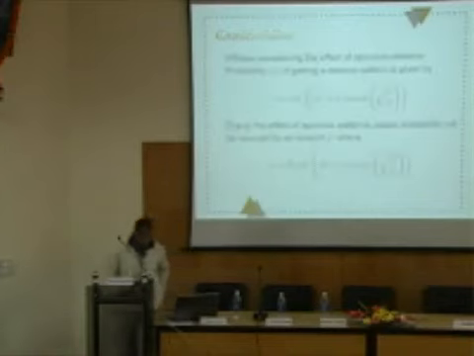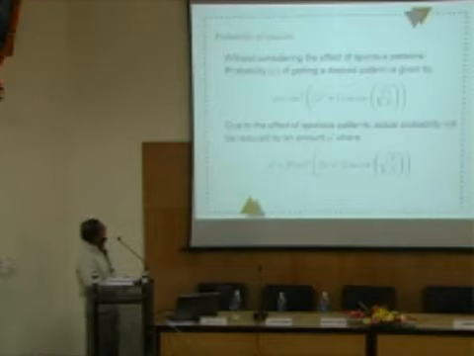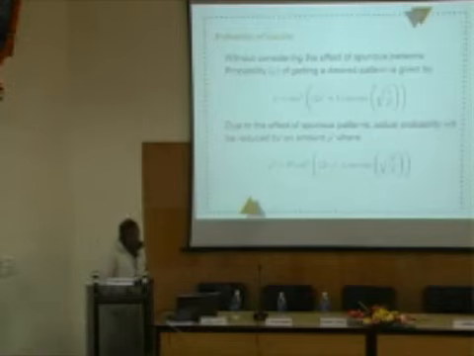And in the analysis that has been done, this is the probability that we get without considering the effect of spurious patterns. The probability of getting a desired pattern is given by this using this method, and due to the effect of spurious patterns, the actual probability, this one, will be reduced, and this has been derived.